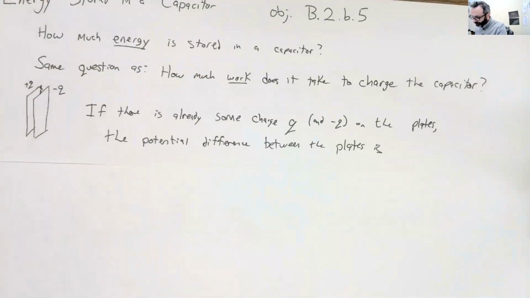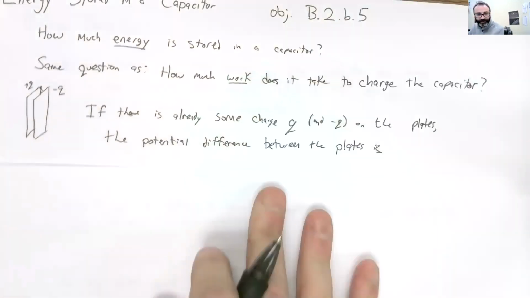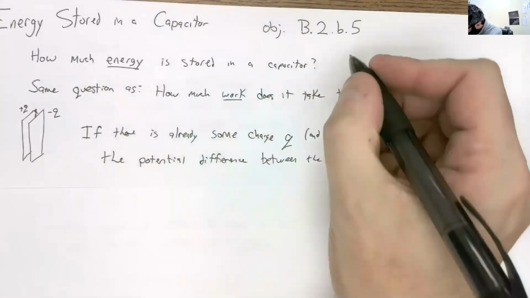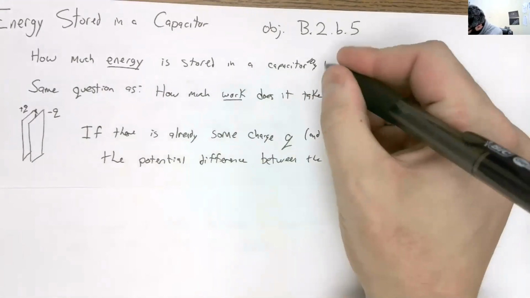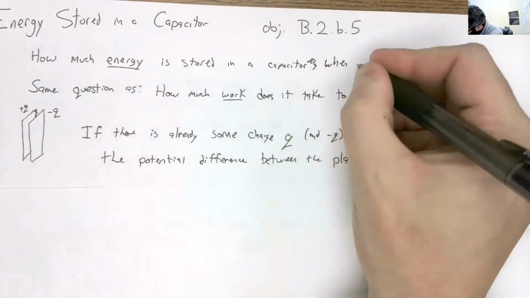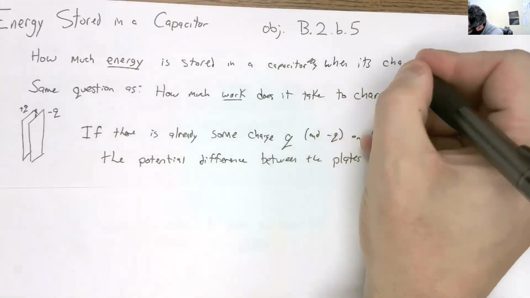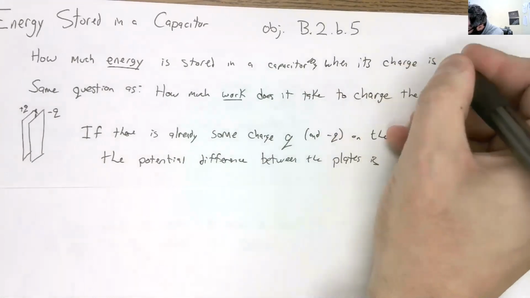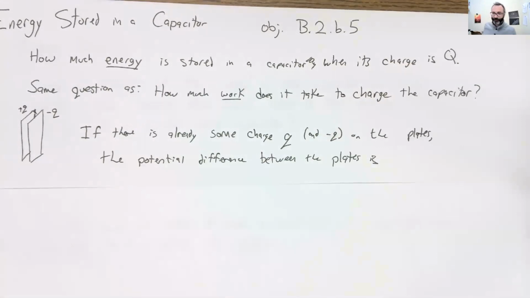We want to charge the capacitor up to some charge capital Q. So let me add to this question: how much energy is stored in a capacitor when its charge is capital Q? That's the total charge we're going to charge it up to.